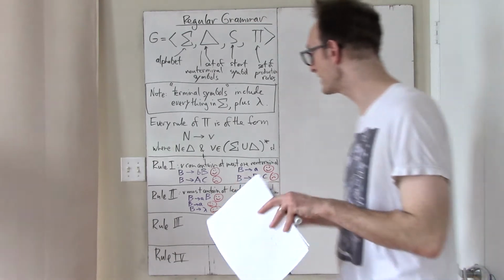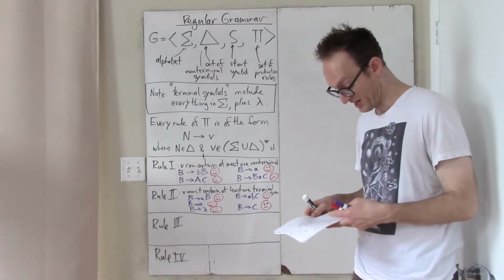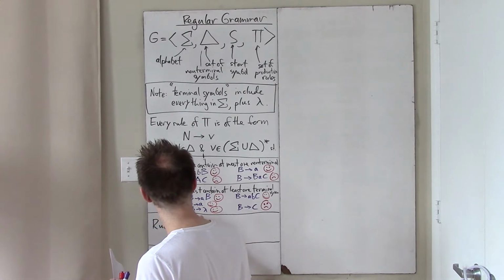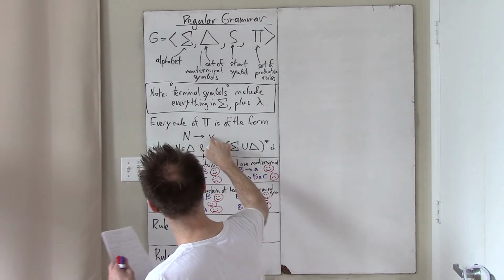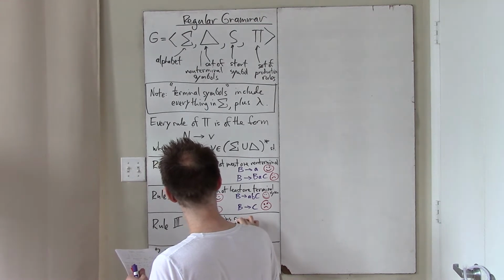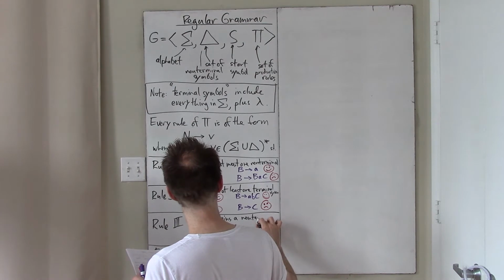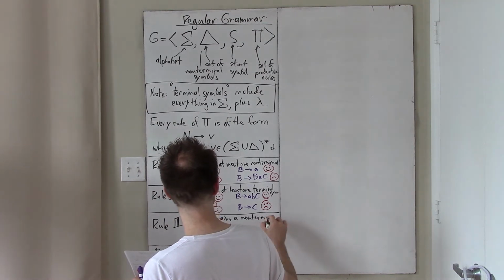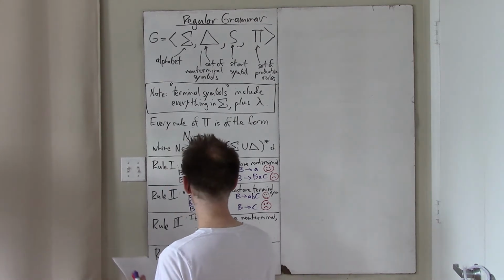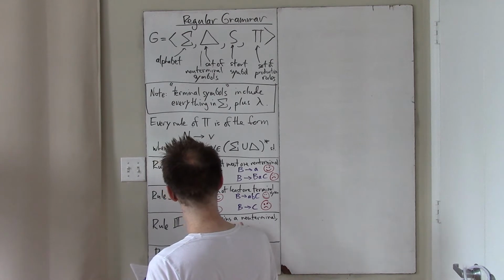Okay, and Rule 3 is also important. What Rule 3 says, if there is a non-terminal symbol, then it has to be on the right. Okay, so if V, still referring to the right-hand side of these production rules, contains a non-terminal, it must be the rightmost symbol.